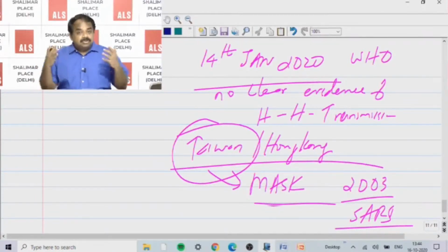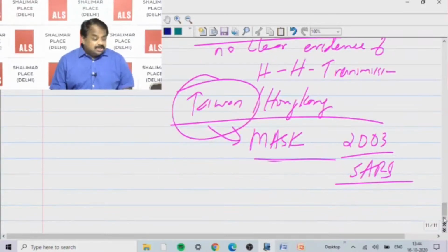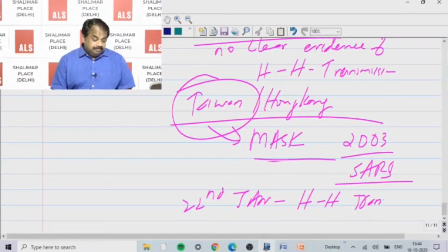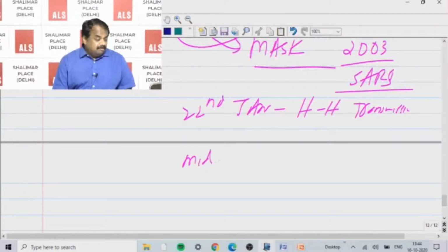WHO did not do that. So this is where WHO has failed. And only on 22nd January, WHO admitted that there can be human-to-human transmission. And only in mid-March, WHO admitted that this is a pandemic.